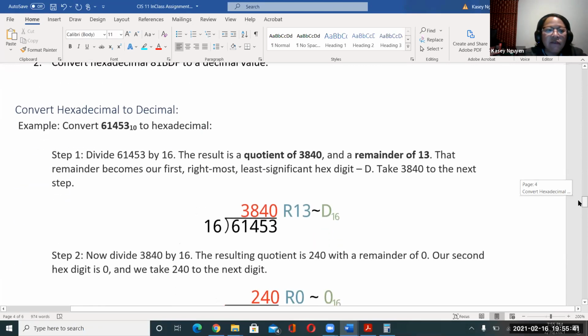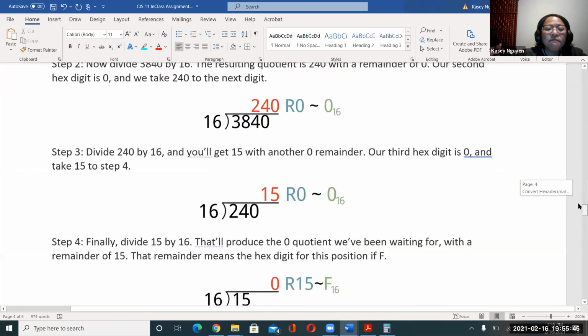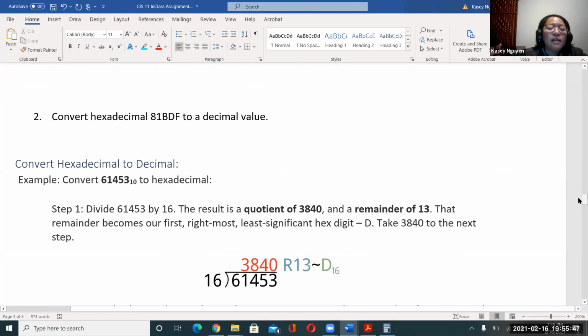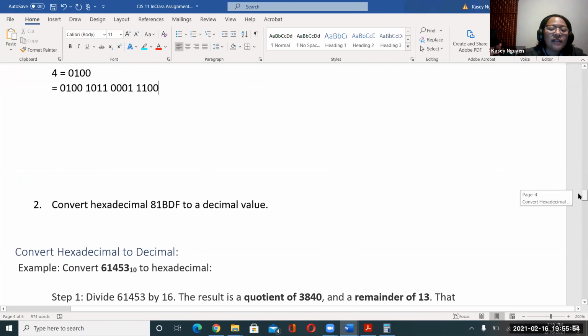Okay, I have about 5 minutes left. If I don't finish this, I will touch on it in the next one. But workout number 2 under the hexadecimal conversion, this one changes to decimal.